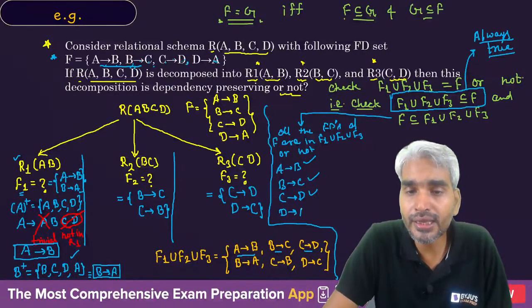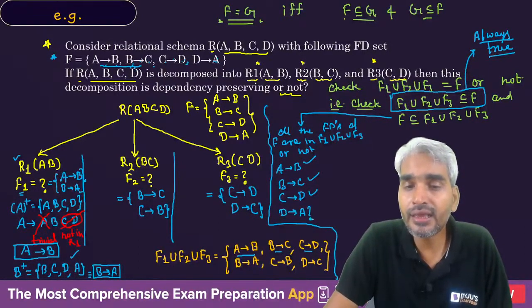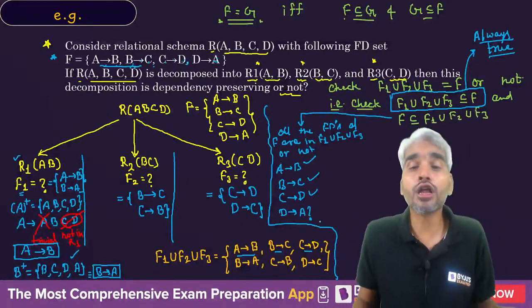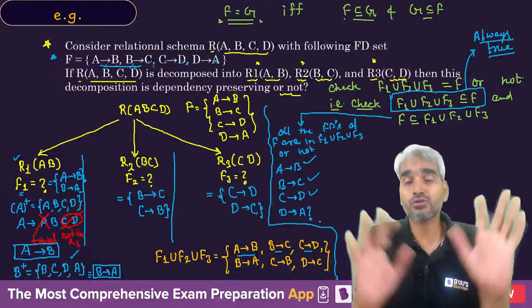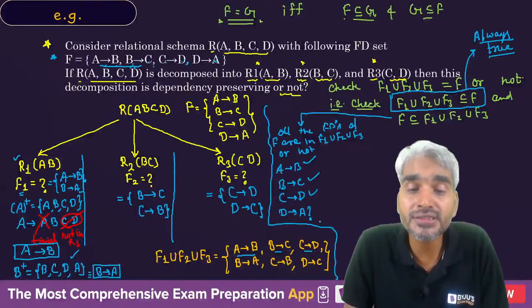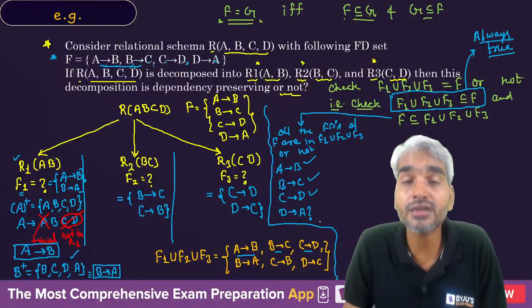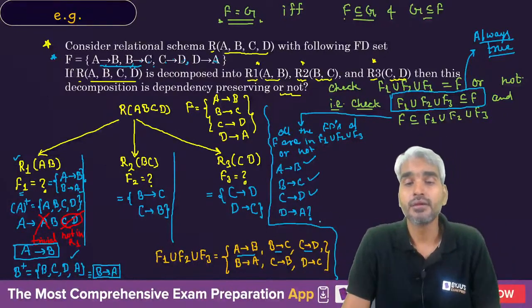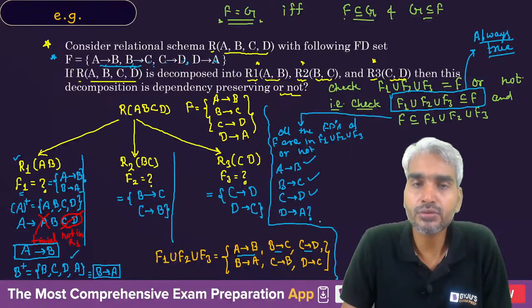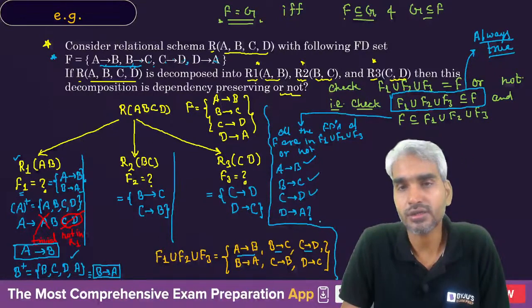That's my question: whether D implies A is preserved after this decomposition R1, R2, R3 or not.